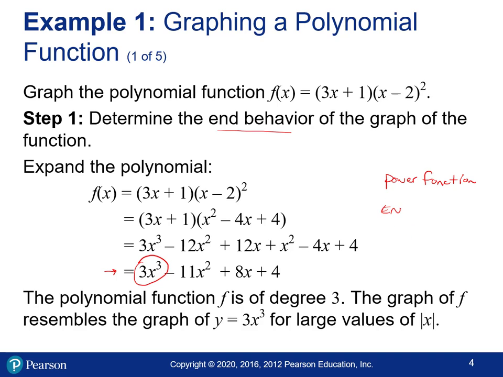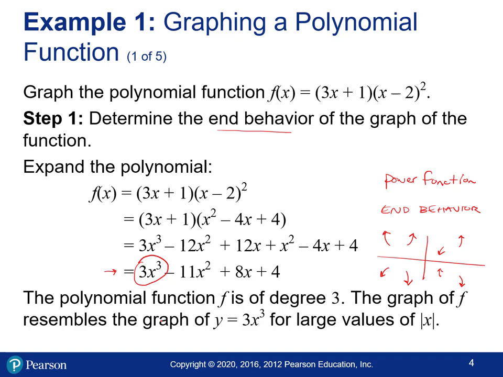So possible end behavior for the graph of your polynomial function. The graph either goes up to the right and left, down to the left and right, down to the left but then up to the right, and then up to the left and down to the right.